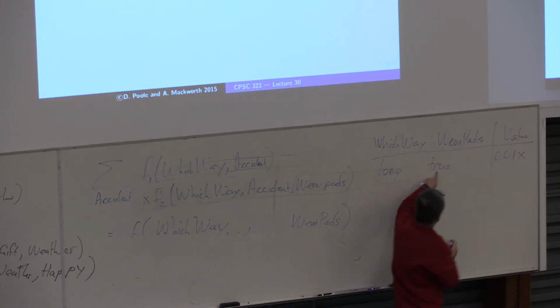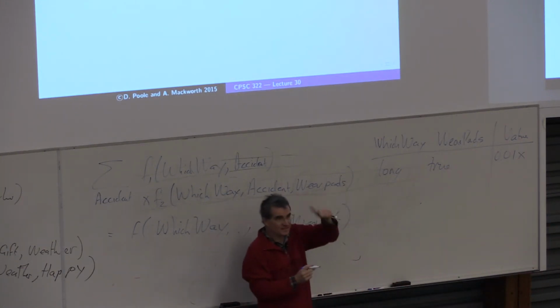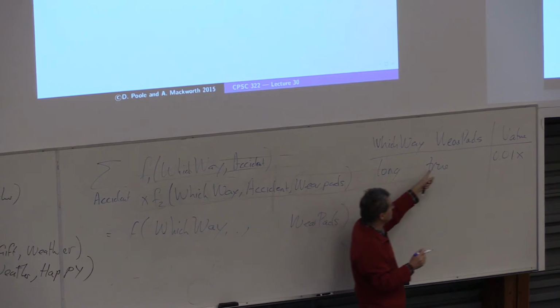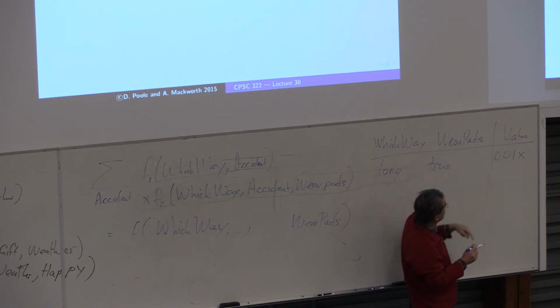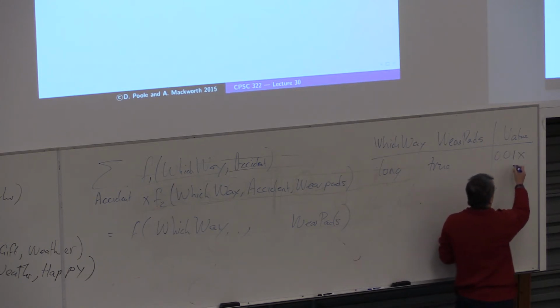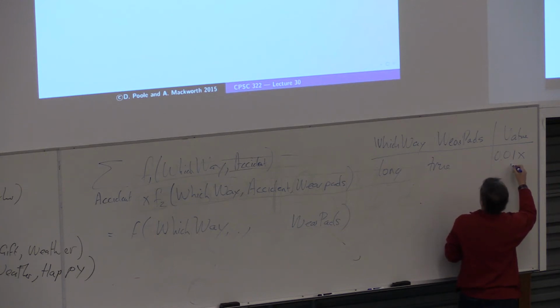So this is long way, pads true. I've got to sum over the two cases of accident or not. So I've got long, true and accident is true. What's the value for the first one? 0.01. What's the other one? Long, pads, and accident true is what? 30, thank you.